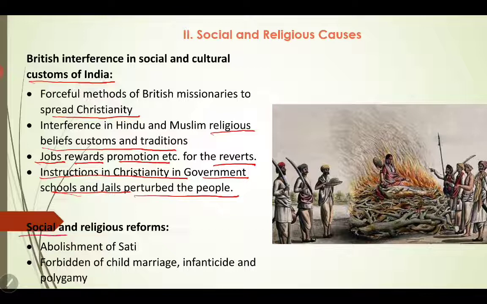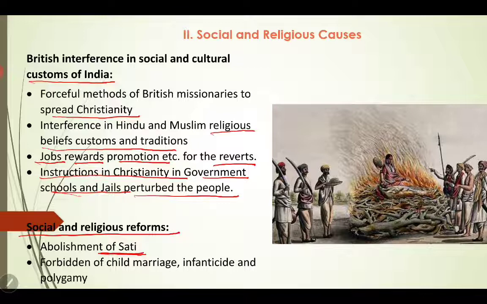Now, social and religious reforms. Reforms means development for the better, changes for the better. So, the Britishers abolished the sati system. Sati system, you know, is that if the husband dies, the wife also has to jump into the pyre. This system was abolished by the Britishers, and many Indians also supported this.